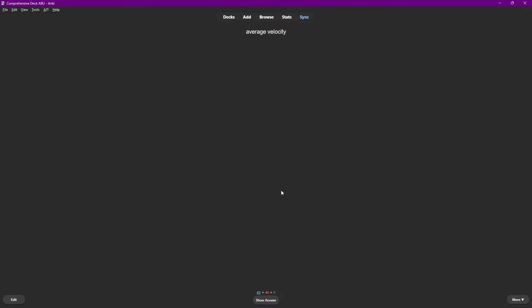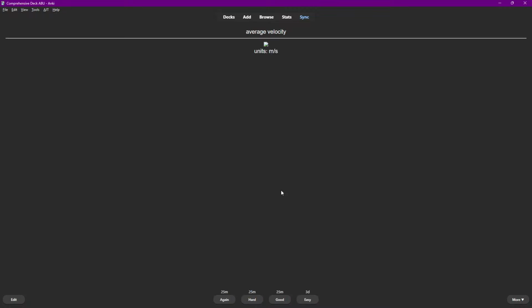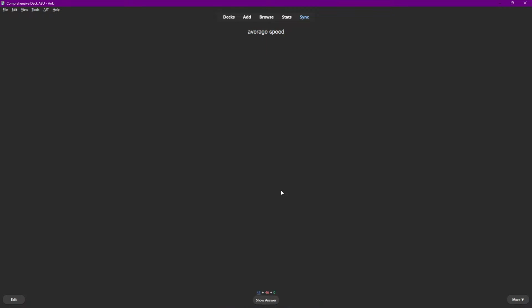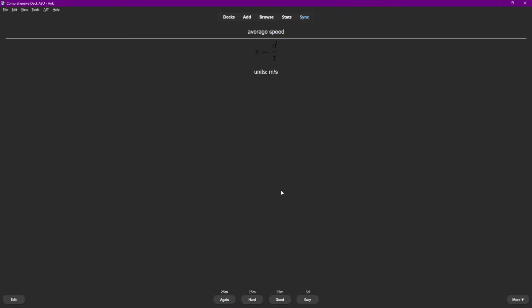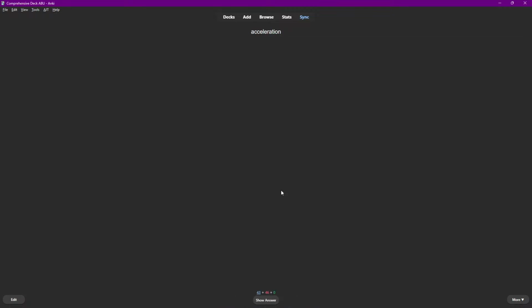Average velocity. Is this saying displacement divided by time? Distance divided by time? Yeah. Acceleration is velocity divided by time. Newton's second law.